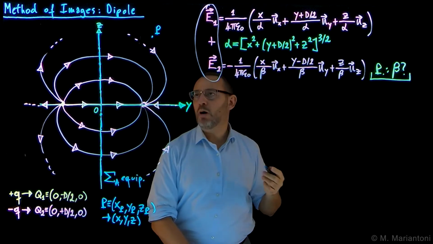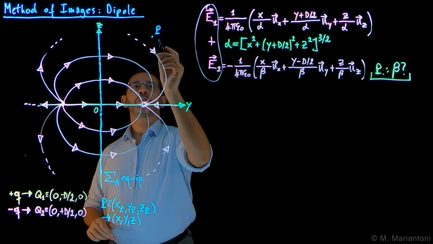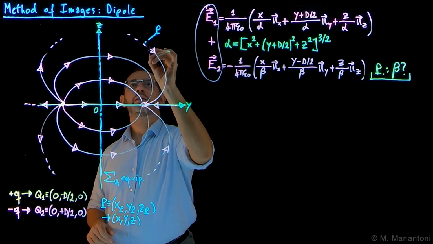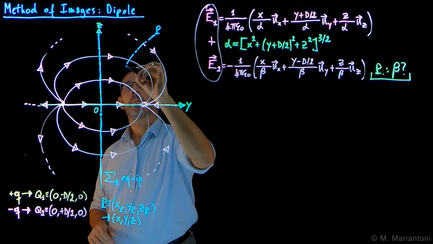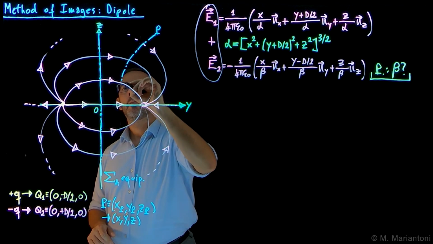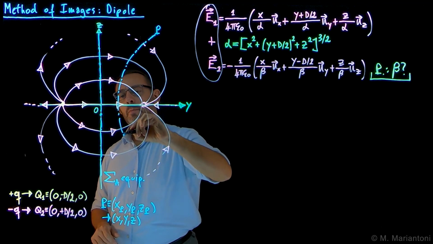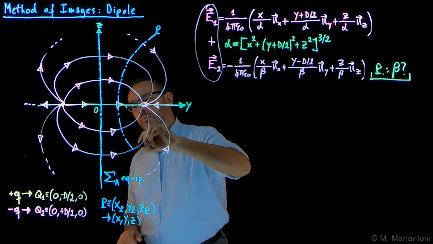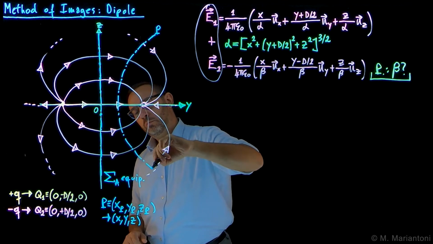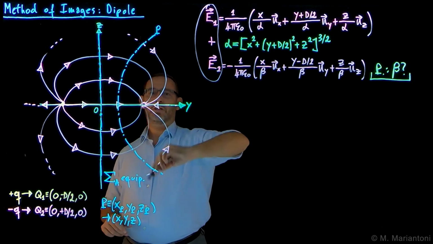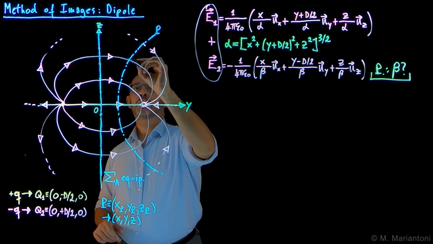Similarly, a more complicated one could be, for example, the surface which passes through this point P here, so something like this. Etc.